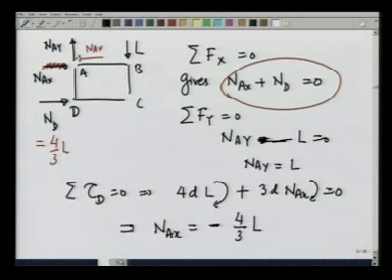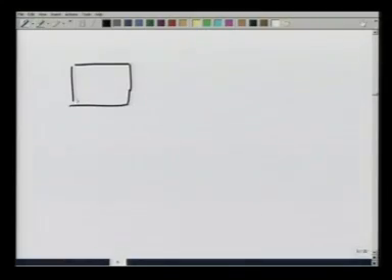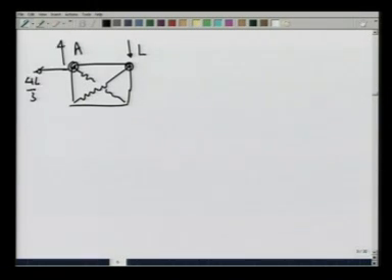So, now we know the external forces in the system. What we have is L here at point C, at point A a force acting towards the left, 4 L by 3, and a force acting vertically up, L. I have a force acting on this joint in this direction, 4 L by 3, and I want to calculate other forces.